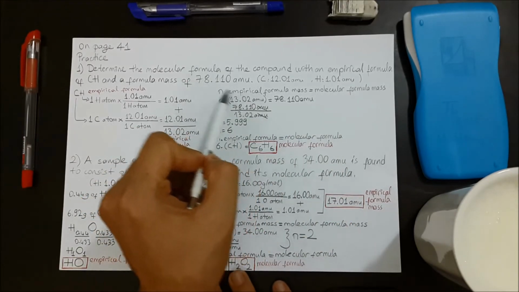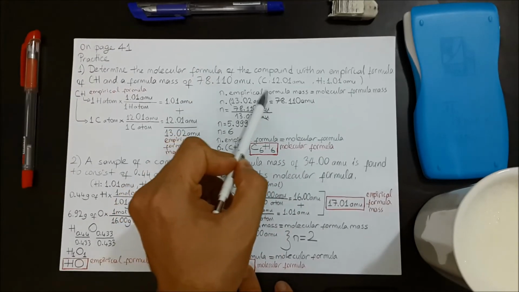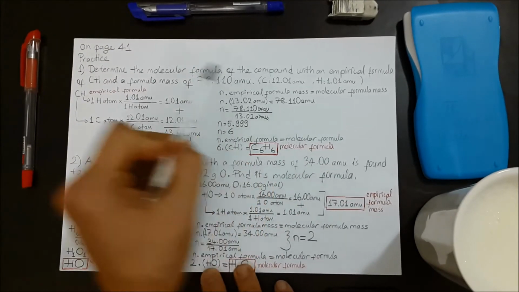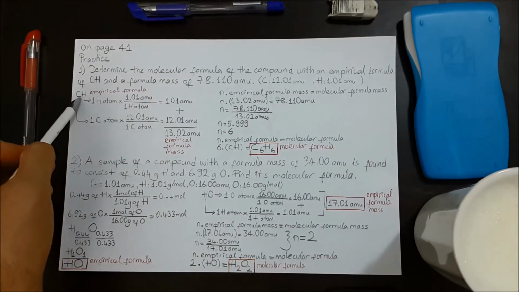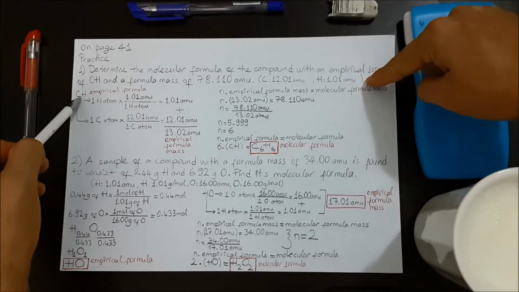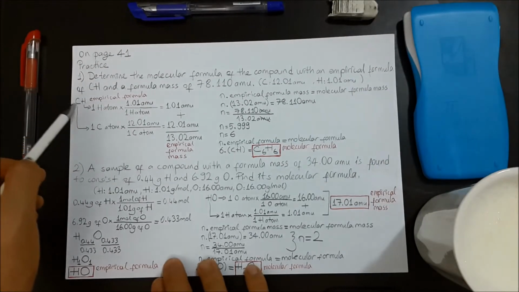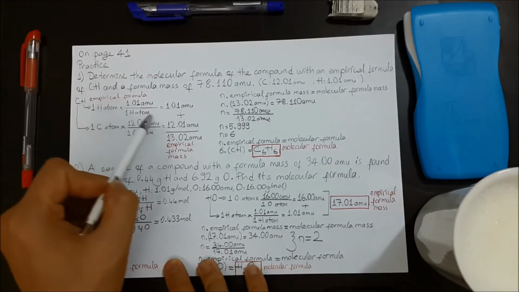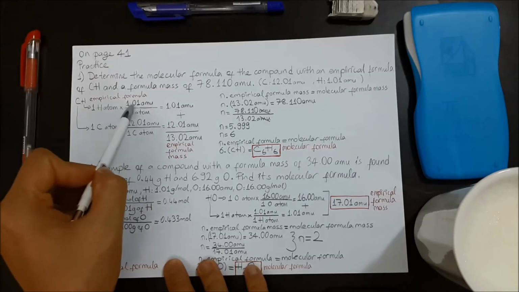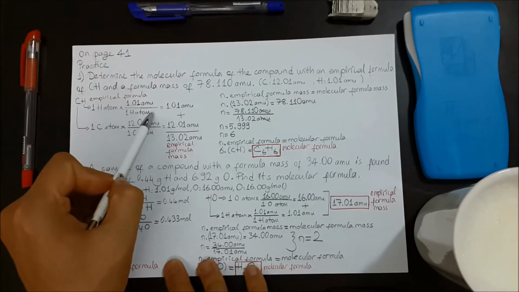Here, to find n, I need to find the empirical formula mass. I can find it via the empirical formula given in the question. It is CH. And also, average atomic masses are given at the end of the question. In my empirical formula, I have one hydrogen atom, and one hydrogen atom makes 1.01 AMU. The atom units can be cancelled.